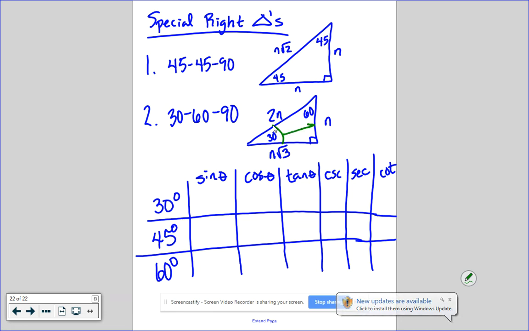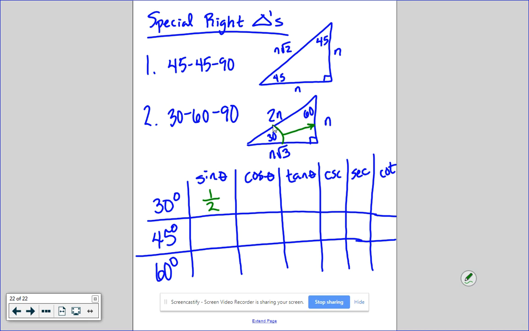So if I treat that as my reference angle, then n would be my opposite side, and 2n would be my hypotenuse. Everybody with me there? So if I divide that, n divided by 2n, that tells me sine of 30 degrees is just 1/2. Everybody see how I got that? n divided by 2n is 1/2, because the n and the n will cancel each other out.